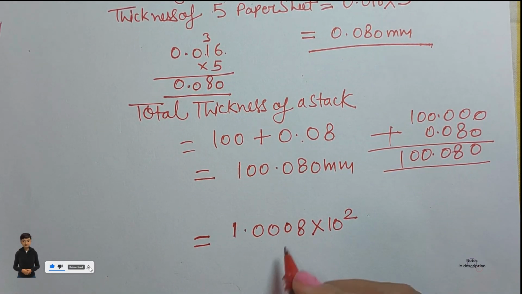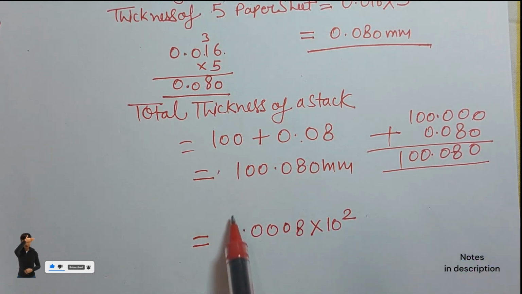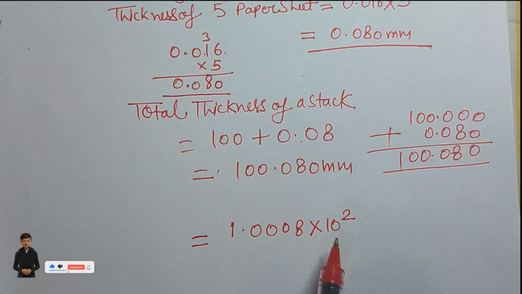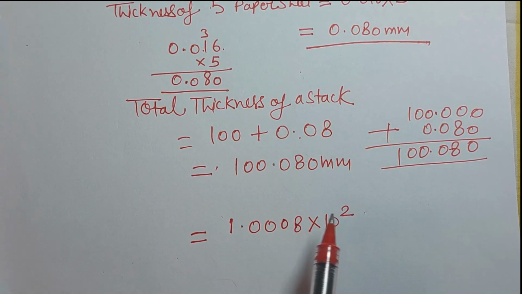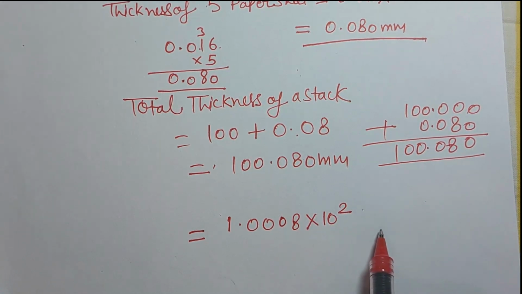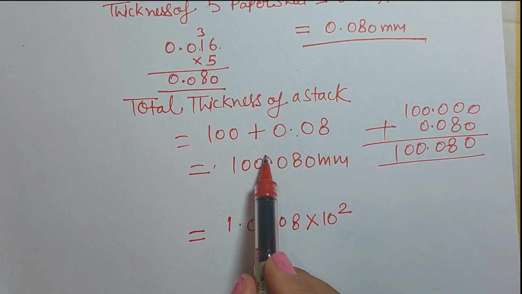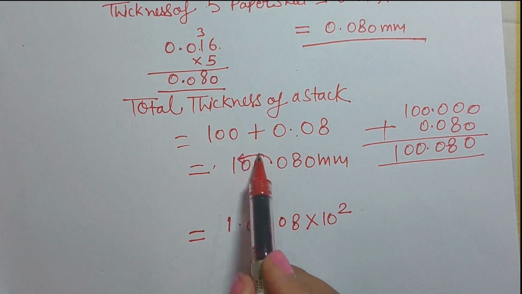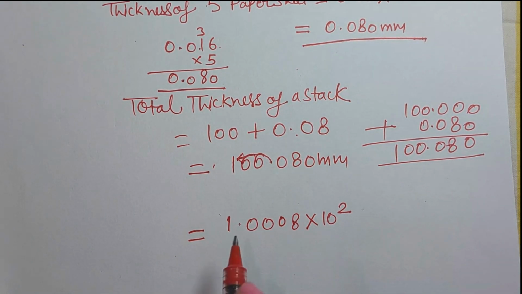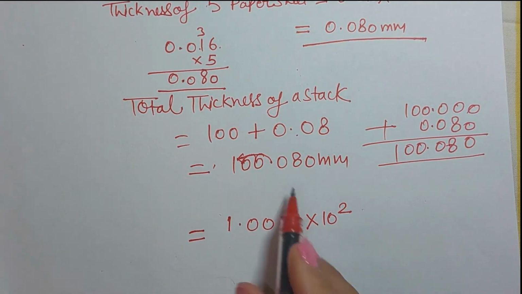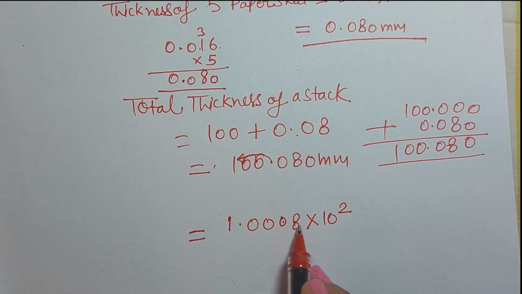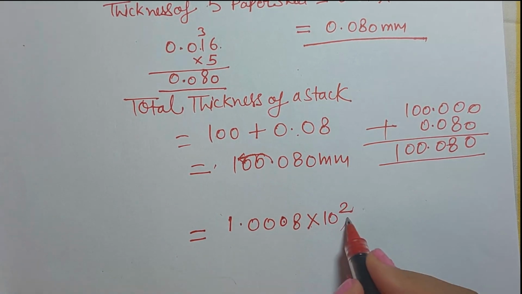If we are shifting to the left side, then the power will be positive. If you are shifting to the right side, then the power will be negative. We are shifting this decimal point to the left side. First step, second step. After the second step we put the decimal point. So 1.0008 into 10 raised to the power 2 mm.